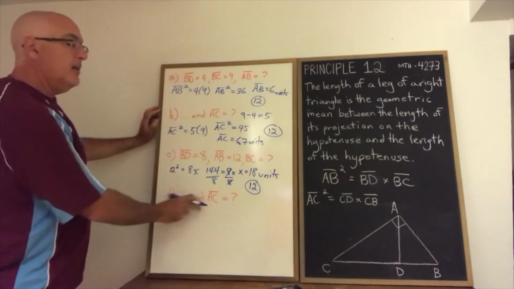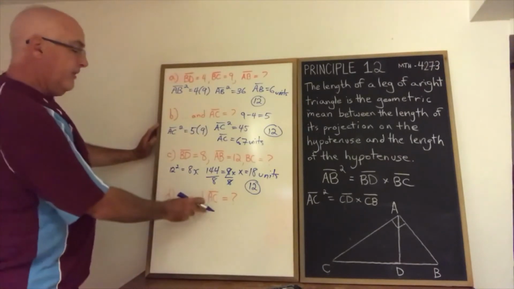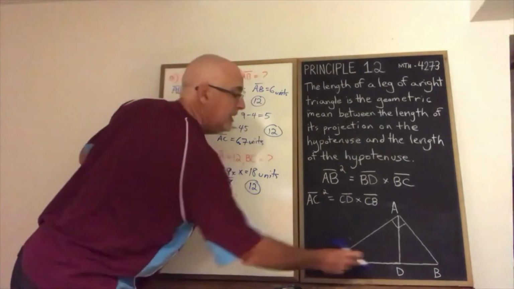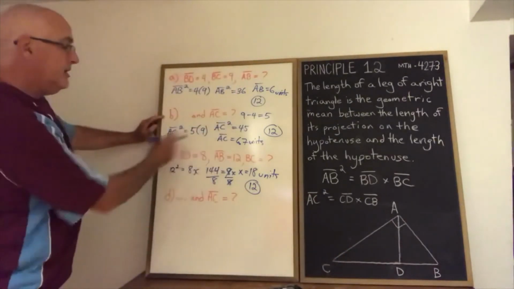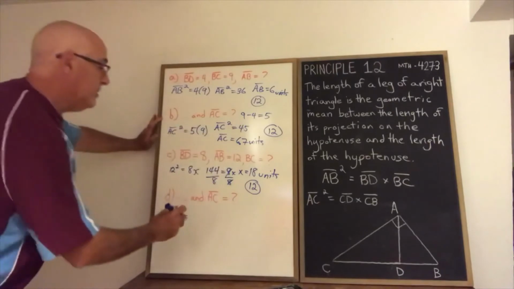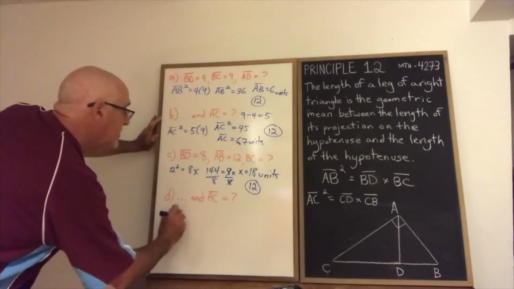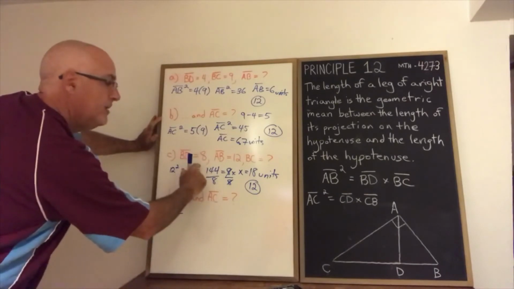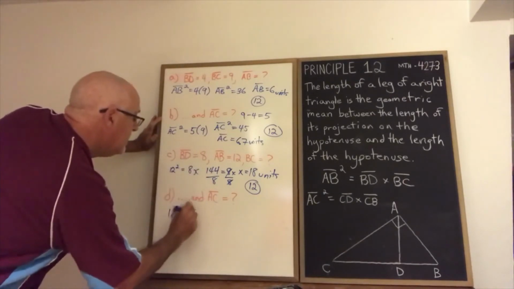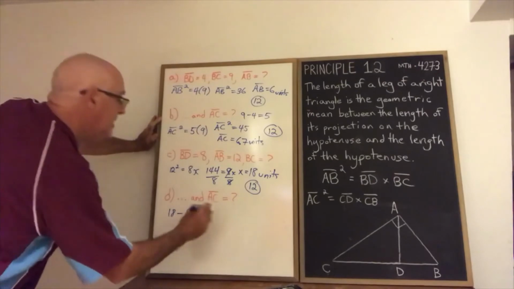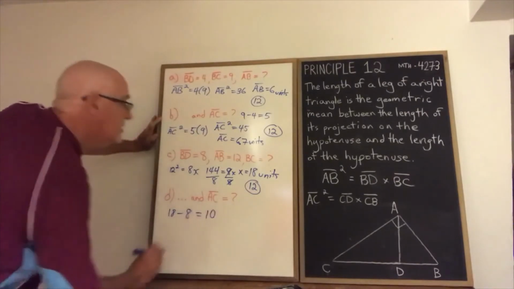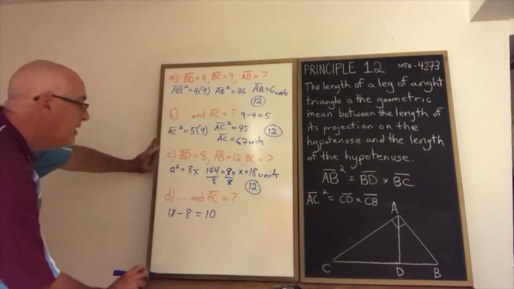And question D is asking for the length of AC. In order to find that, I'm going to need to know CD. And CD is not given, so I have to subtract first. My 18 unit hypotenuse minus the 8 of BD gives me a CD length of 10 units. Now we can fill in our formula.